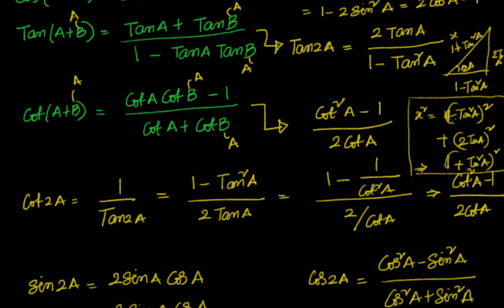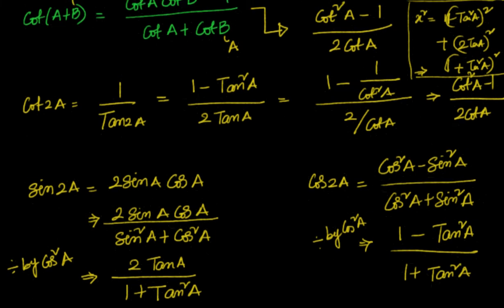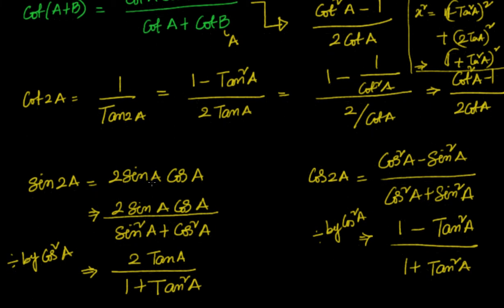Why? Because this is a square plus b square minus 2ab plus 4ab. That's nothing but a square plus b square plus 2ab, that's nothing but a plus b whole square. So x equal to 1 plus tan square A. Otherwise, you can directly go here, and you know that sin 2A equal to 2 sin A cos A. By that also you can find it out.